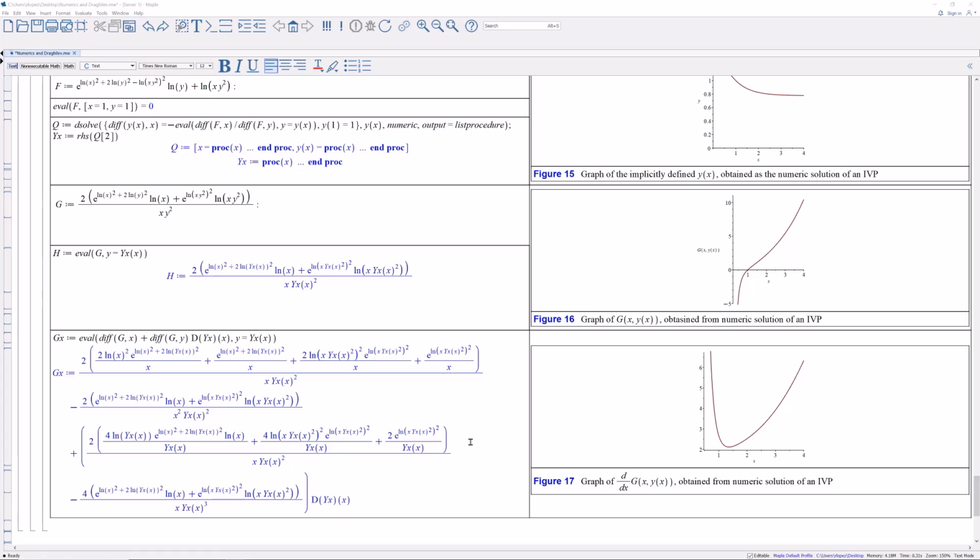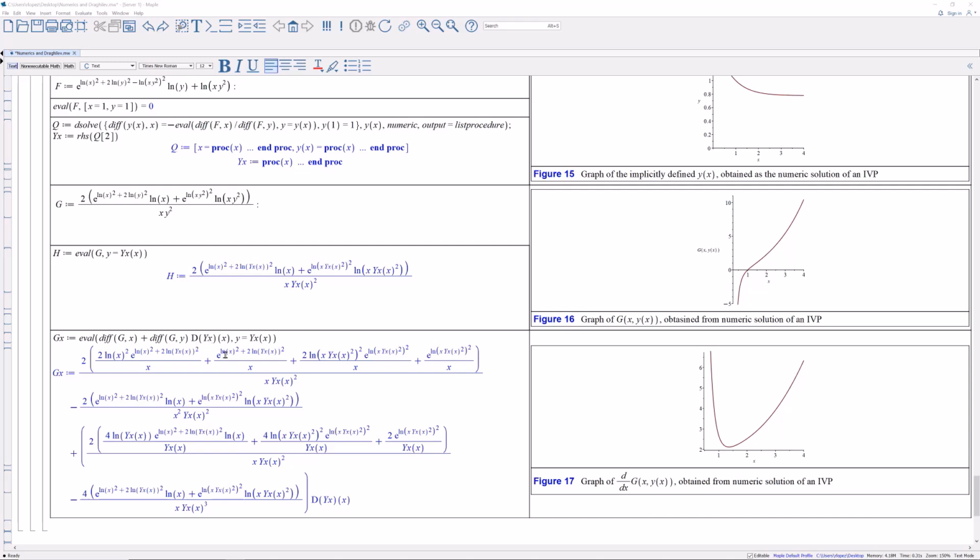So the final step we want to take is the derivative of g with respect to x. Okay, so here's g. And we know what the pattern of the derivative is: dg dx, dg dy, derivative of y. And I'm using Maple's differential operator here because this is a function.